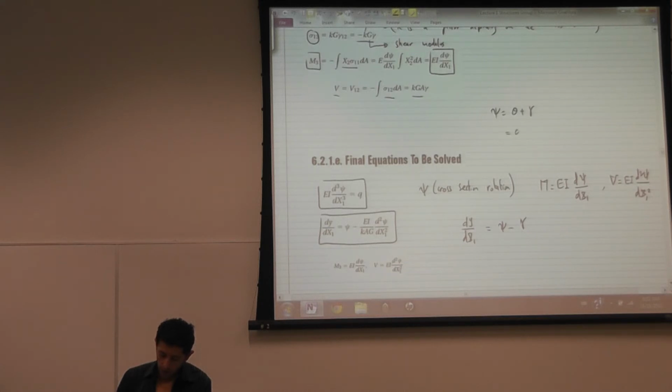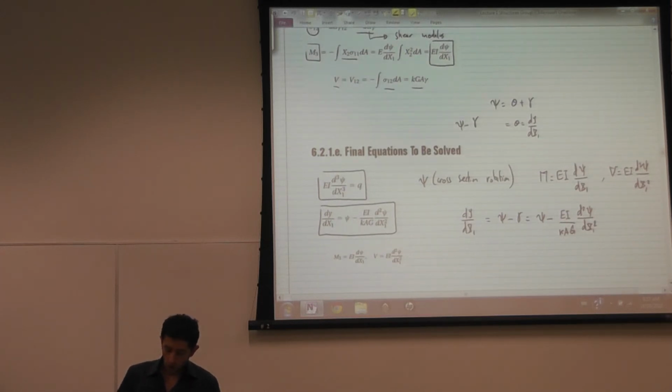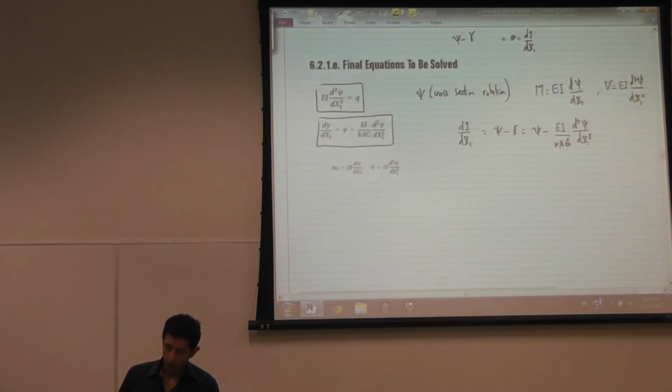So theta, which is dy by dx, is equal to psi minus gamma, and gamma is replaced by its expression in terms of EI. So these two differential equations are solved to find the cross-section rotation and the deflection of the beam y.